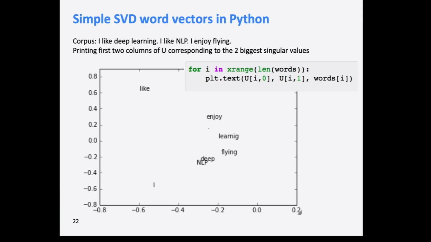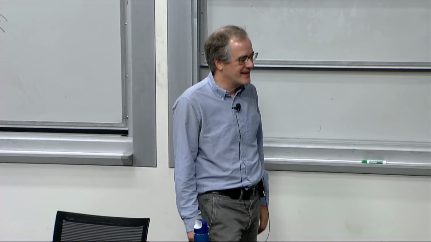This technique was popularized around the turn of the millennium. It generally went for word applications under the name of latent semantic analysis or latent semantic indexing, and the idea was that you could find semantic directions in this low-dimensional space that had meaning.